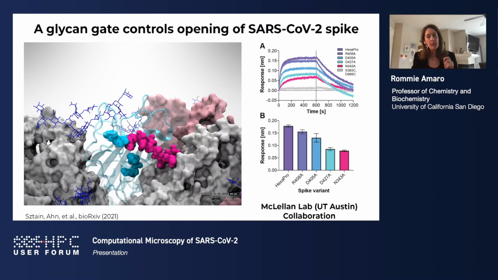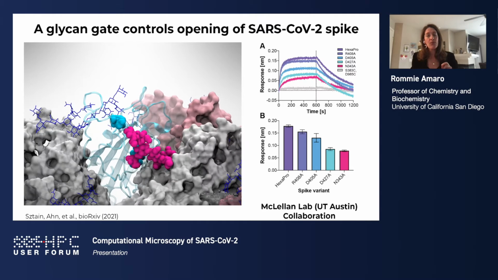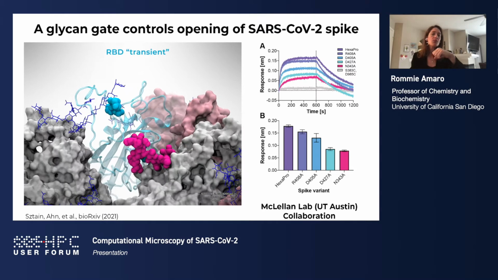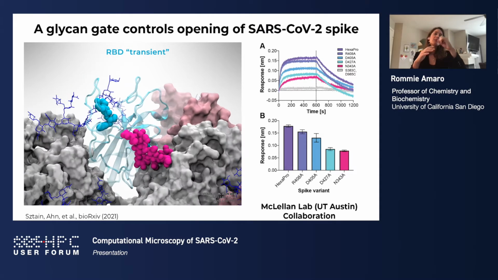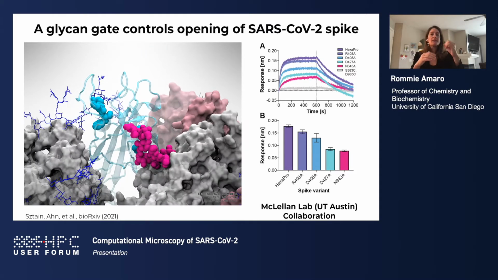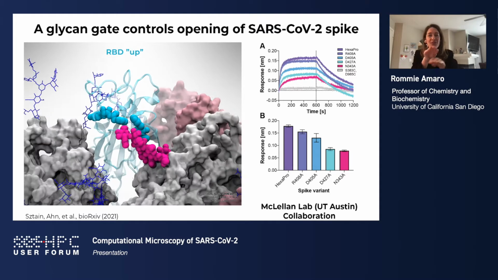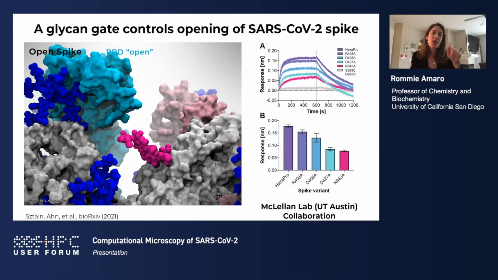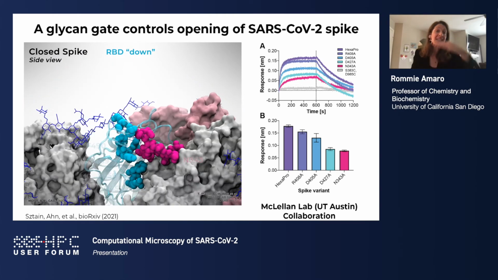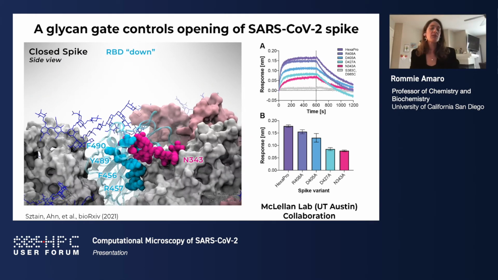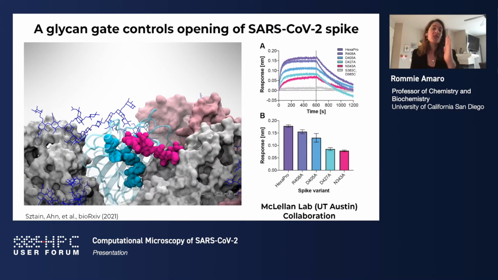This pink glycan at position N343 plays a very important role: at the beginning it's helping to shield. But as the receptor binding domain opens, this residue does different hand jive type motions with other residues on the receptor binding domain and actually helps to kick up and out that receptor binding domain to achieve the up state.